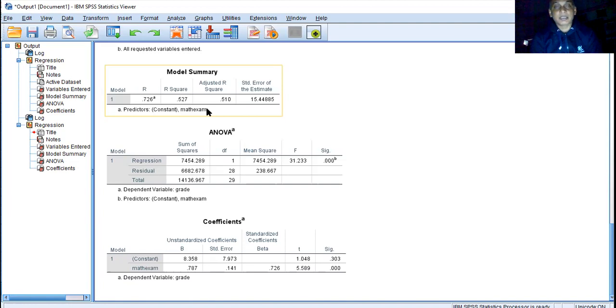The predictor variable is able to predict the value of the criterion variable at t within brackets 28 is equal to 5.589, comma, small p is less than 0.5, comma, R square is equal to 0.527.